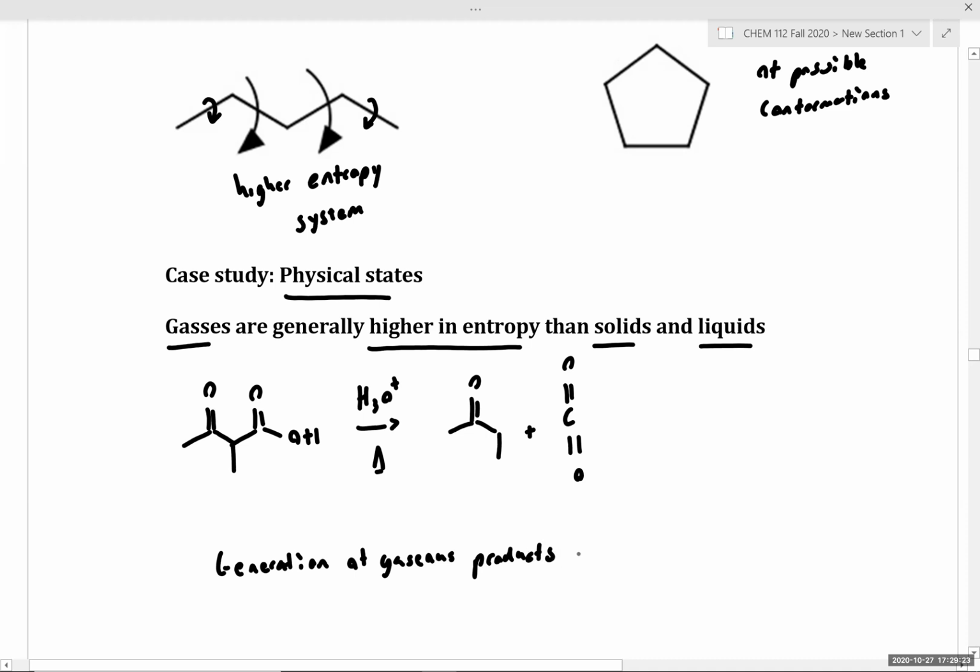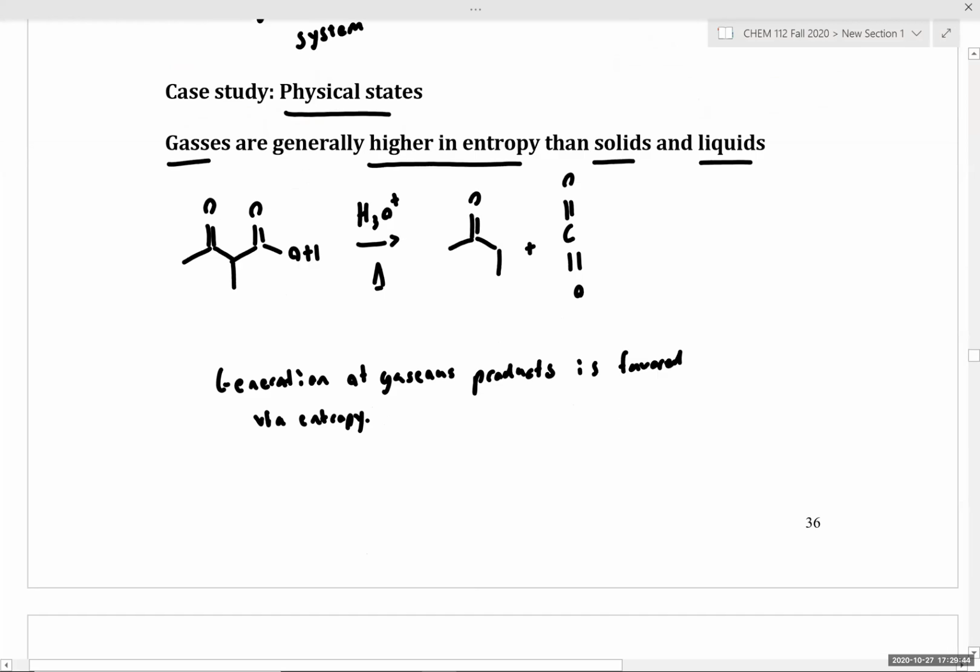So generation of gaseous products is favored via entropy. Does this idea make sense to everyone so far? Perfect.